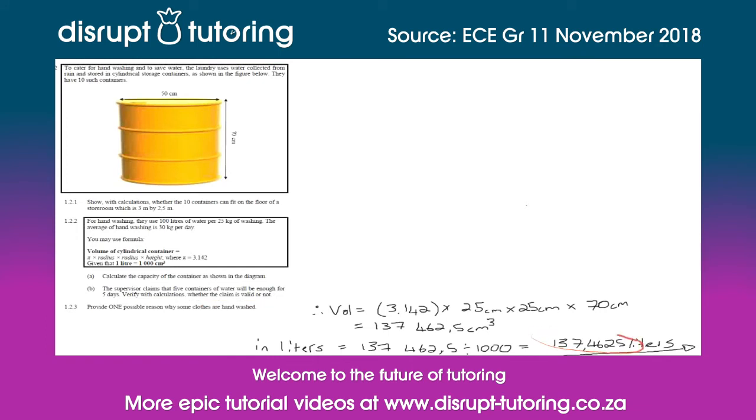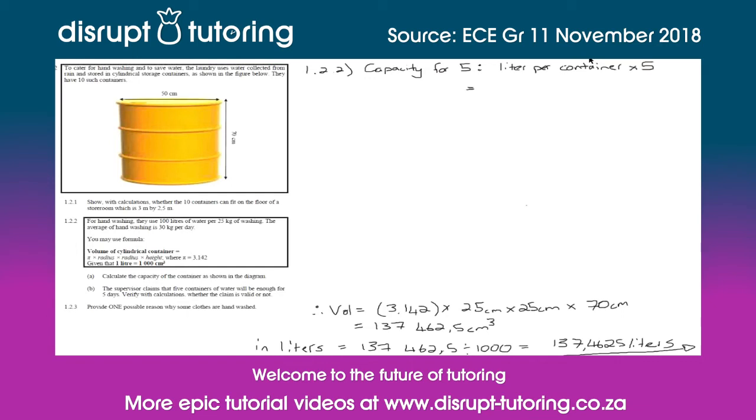So this is where we need to use how many liters are in a container. So for 1.2.2, we need to find the capacity for the 5 containers. So the capacity for 5 will be the liters per container multiplied by the number that we have, which will be the 5.